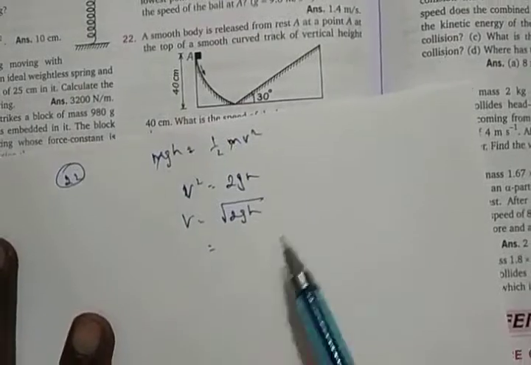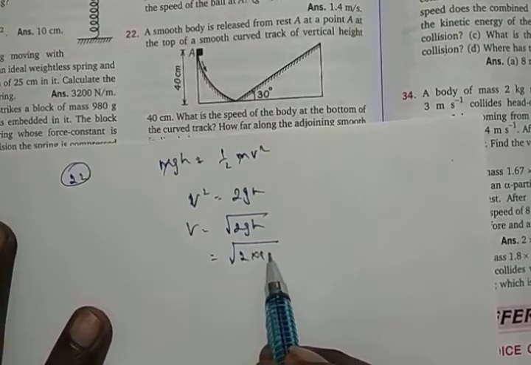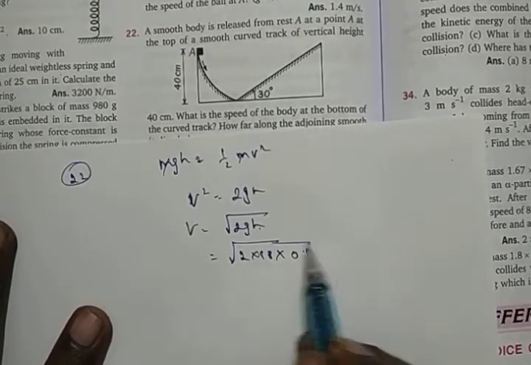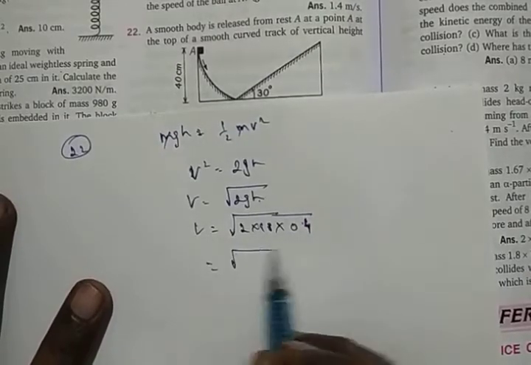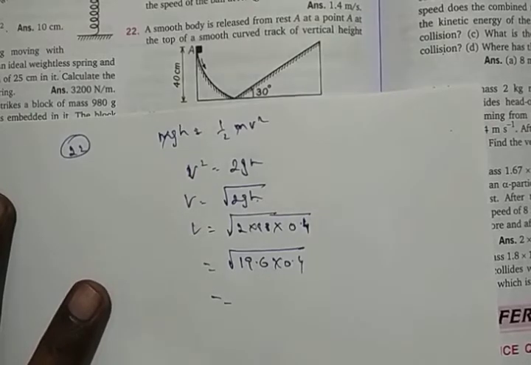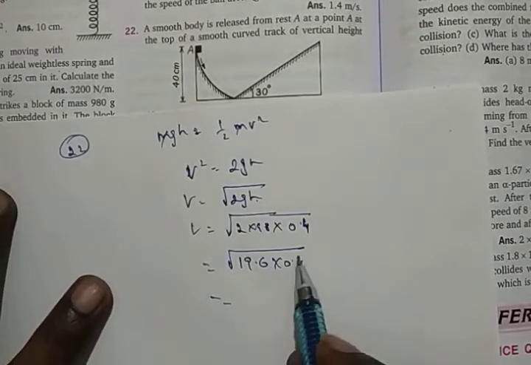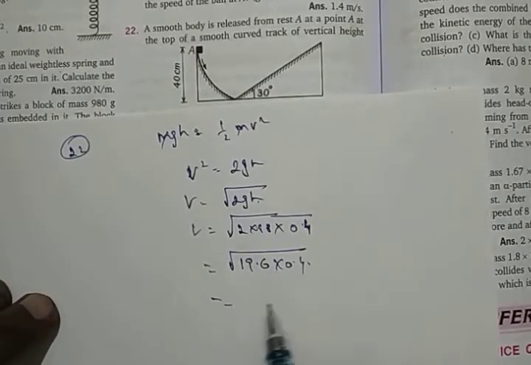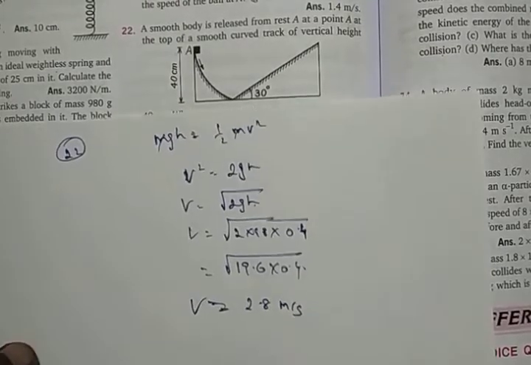So it is 2 into 9.8 into height, which is 0.4. That is the value of v. It is equal to 19.6 into 0.4. So you get 1.4 into 0.2, which is equal to 2.8 meter per second. That will be the value here.